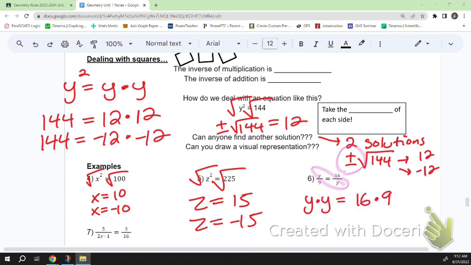Will you please show this work? When I cross multiply, and I'm timesing a variable by the same variable, it's going to be y squared. What's 16 times 9? 144. Did we already solve this today? What is the answer here? Y equals 12 or negative 12.